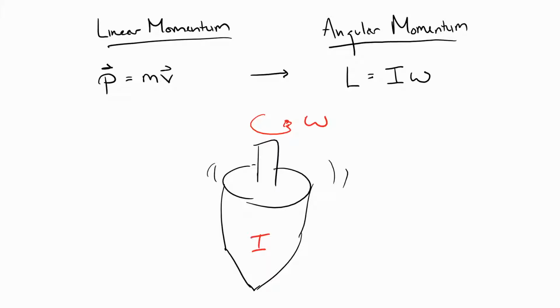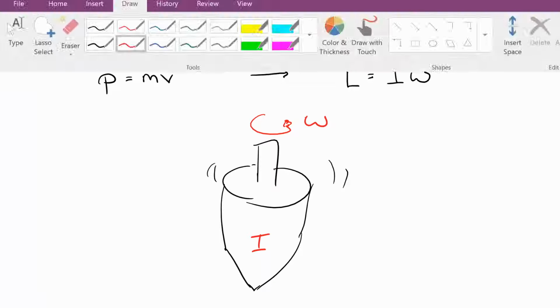You can think of it as requiring some kind of rotational impulse, and I don't remember if there is a word for that, but basically the amount of effort you have to expend to get a top spinning depends on how fast you want to spin it and how bulky it is. The thinner and more compact it is, the smaller I gets, the easier it is to spin.